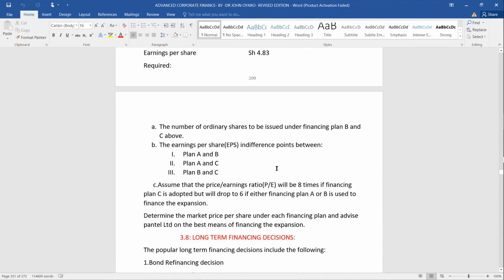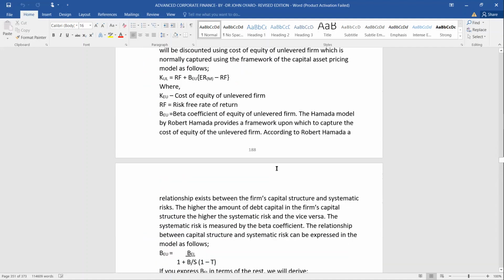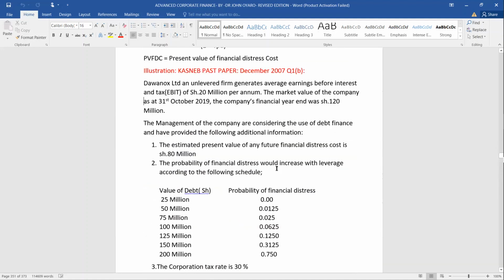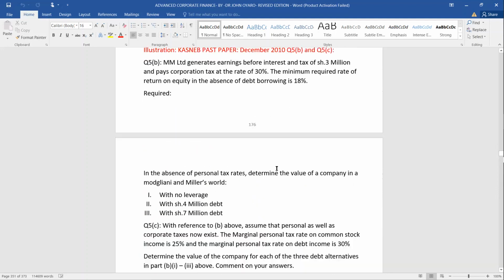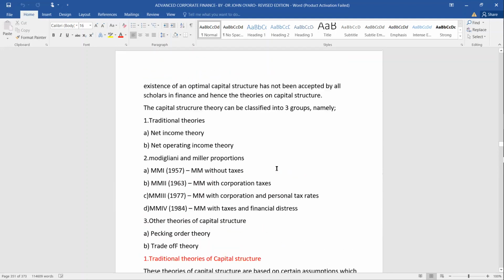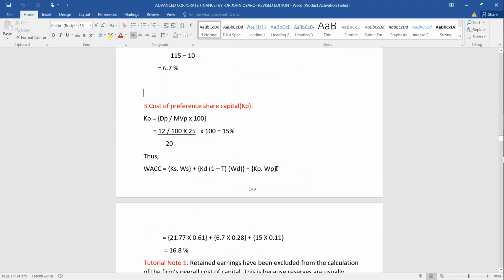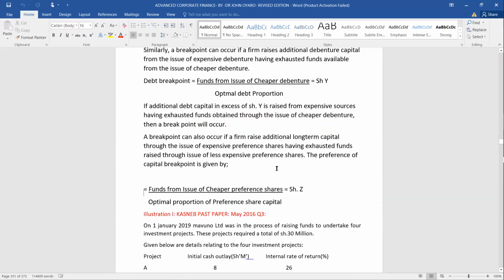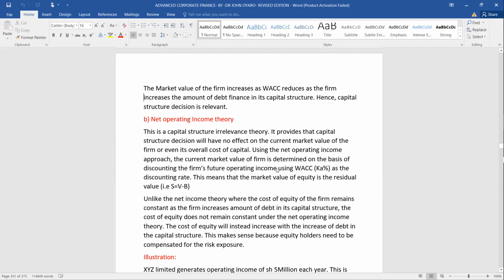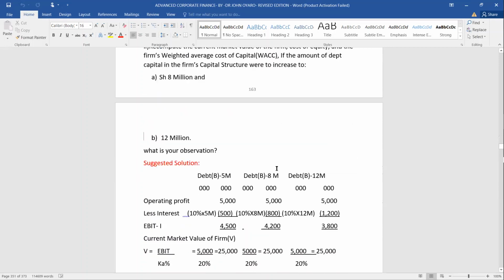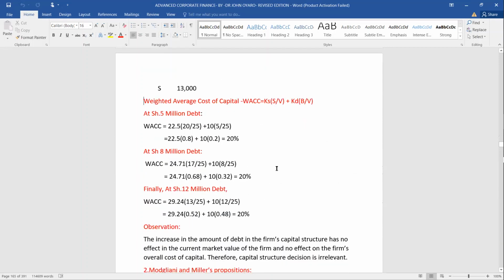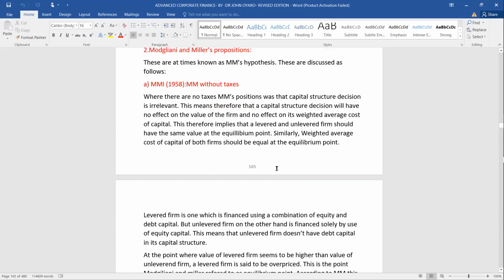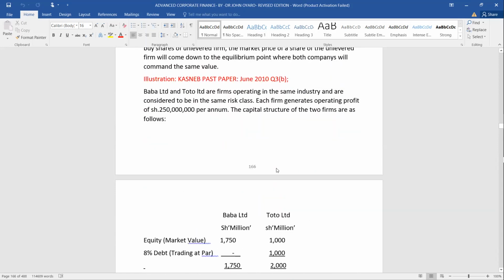Kindly let's have that at the back of our mind, that the ultimate aim of having a capital structure that is optimal is to ensure that the firm's value will be maximized and the weighted average cost of capital shall be minimized. By the way, that is the criteria that we use to determine the optimal capital structure.